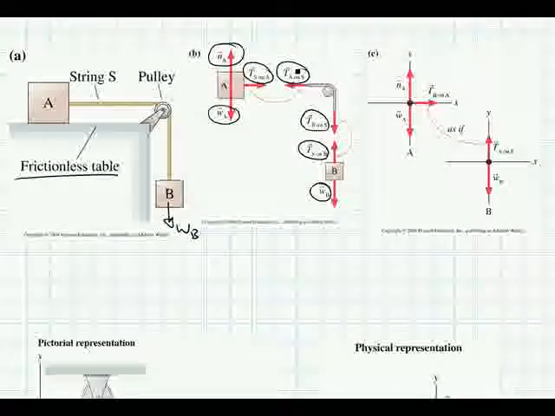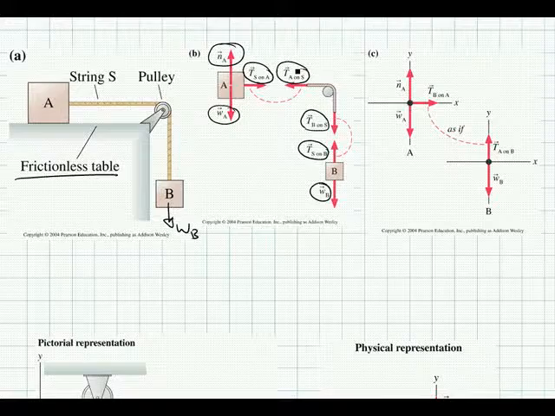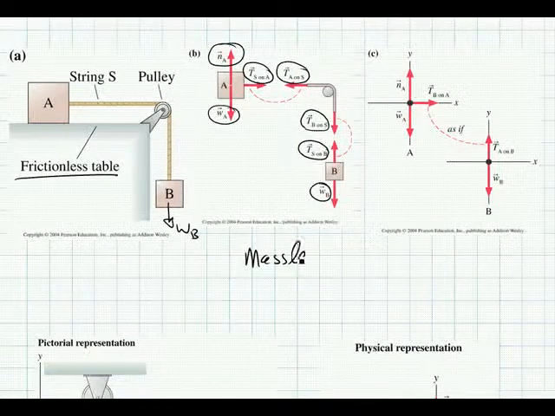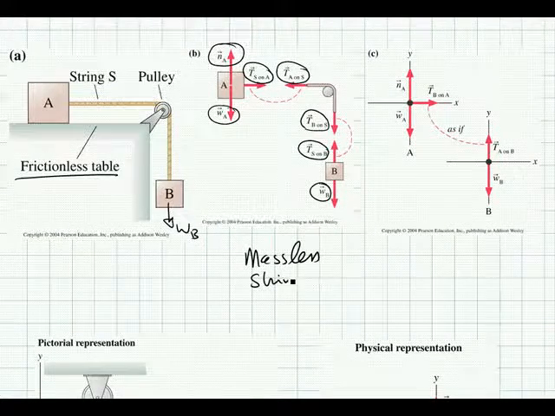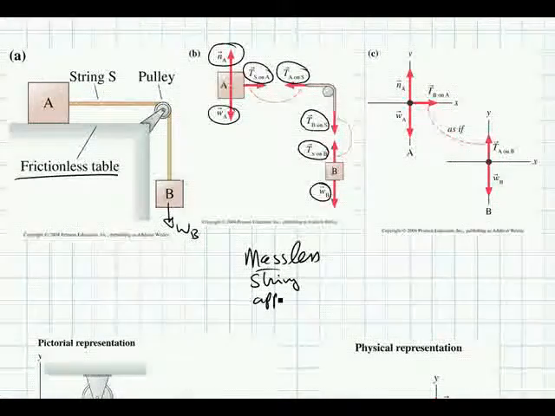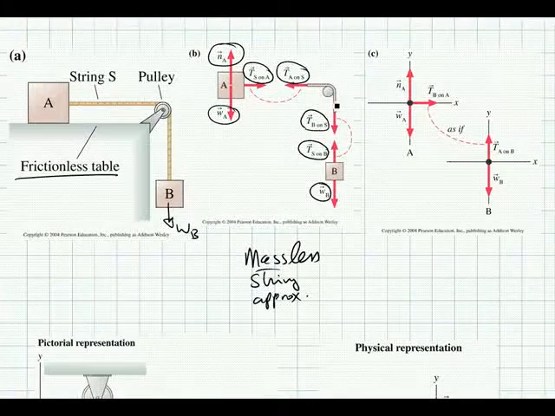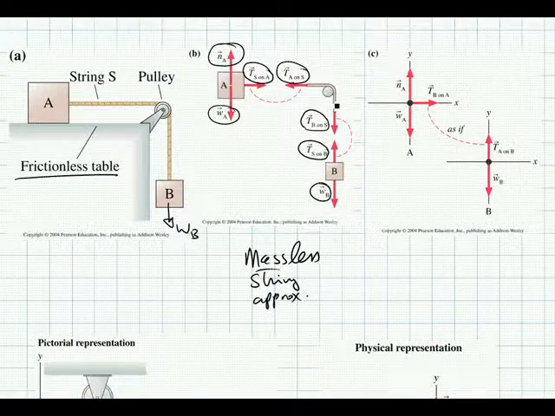But since we have a massless string, whether it's in equilibrium or accelerating doesn't matter. If we have a massless string approximation, then the tension at either end or anywhere else in the string is the same.